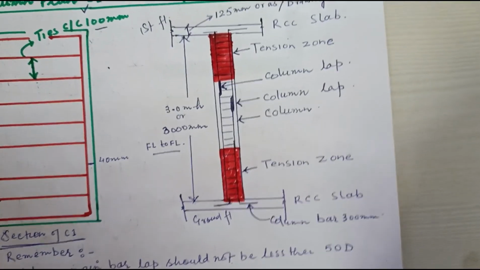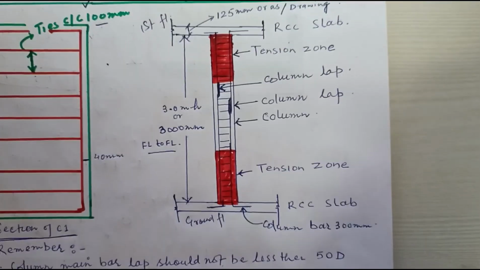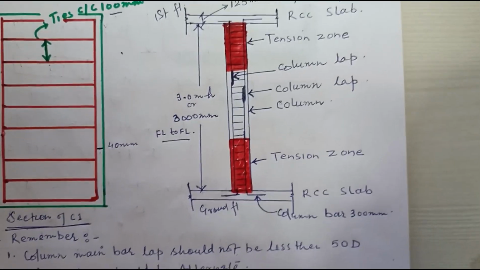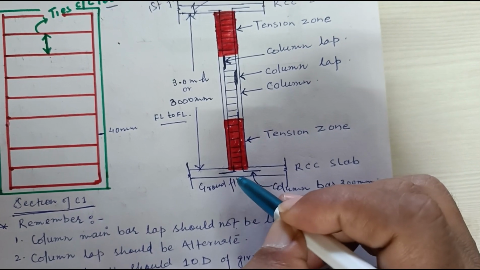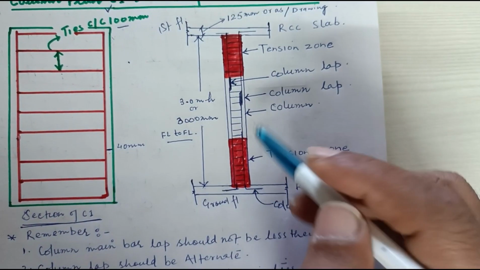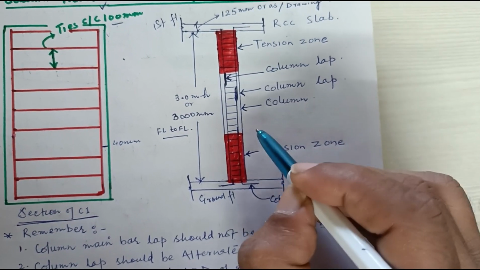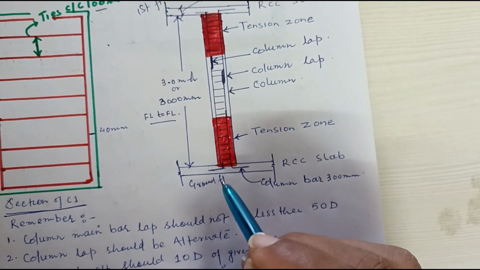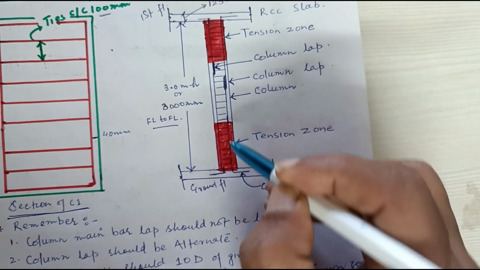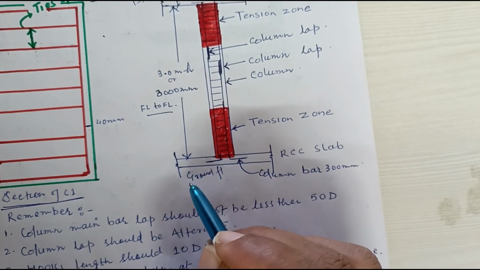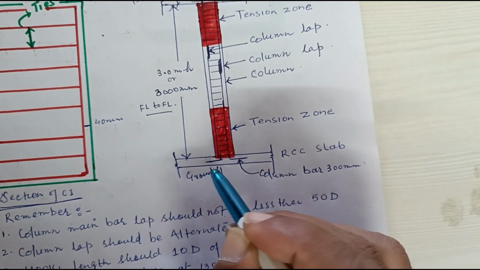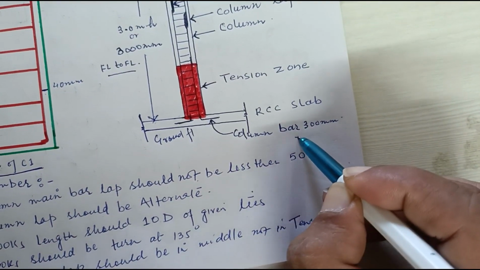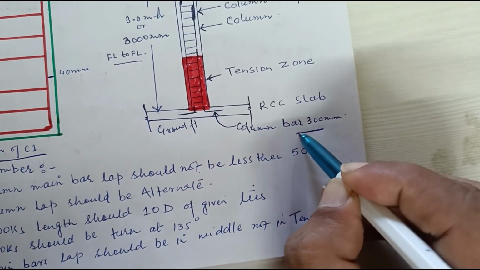So what will happen here? First of all, the main bar of the same column shall keep a gap of 40 mm for concrete cover, and this reinforcement will get merged with the RCC slab by at least 300 mm.